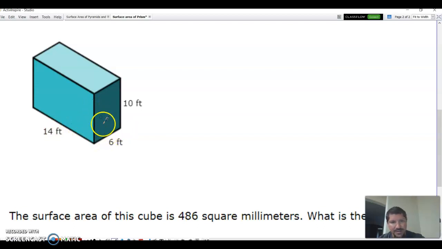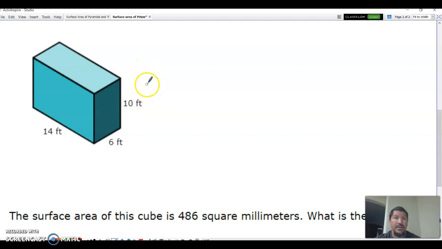That would make this your height. If this is your base, then that's 6 by 10, which means this is your height. If you use this one, that's 14 by 6, which would make this your height. So they'll all give you the same answer. I don't have time to do all of them, but they would all give you the same answer.